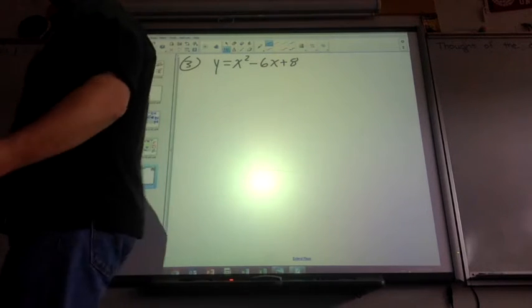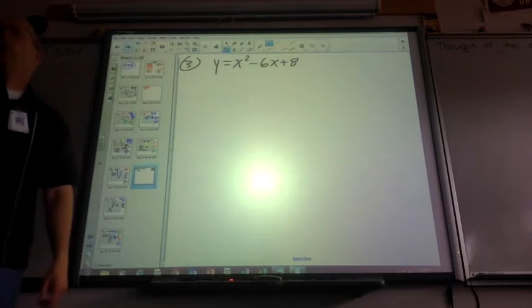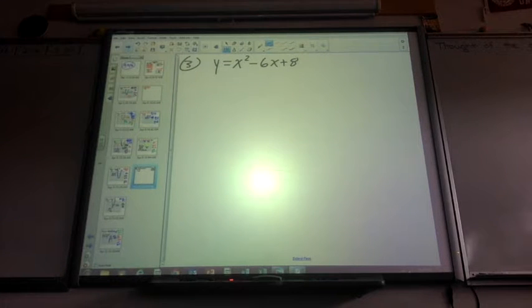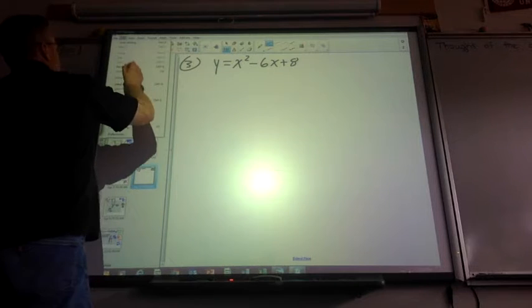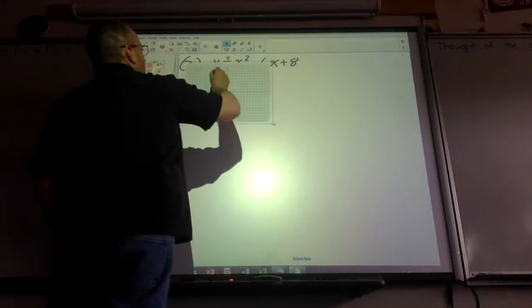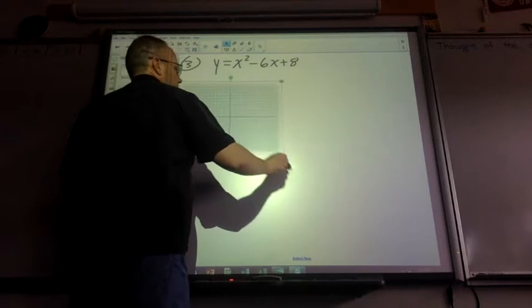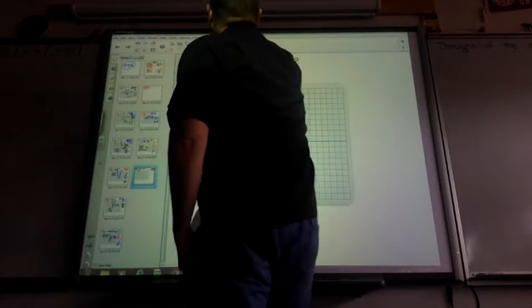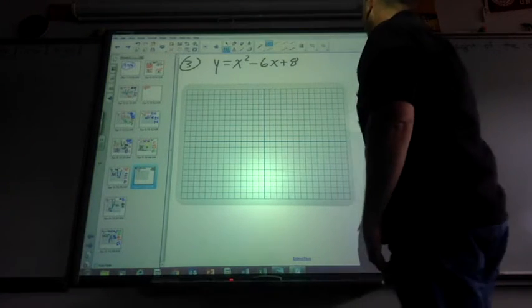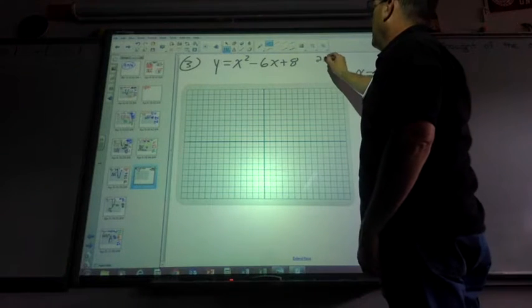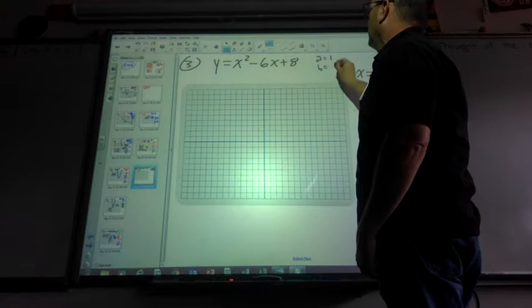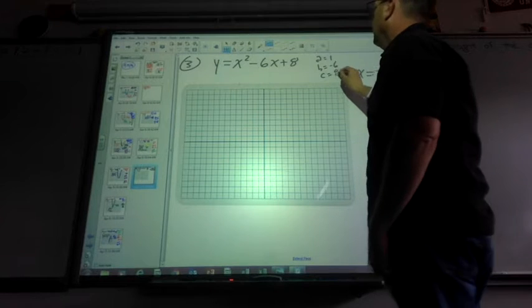This one is not presented in vertex form. This is also not presented in intercept form, where we can find where it crosses the x-axis. Agreed? Okay. So I'm going to use x equals negative b over 2a. I have to know that my a value is 1, my b value is negative 6, and my c value is 8.